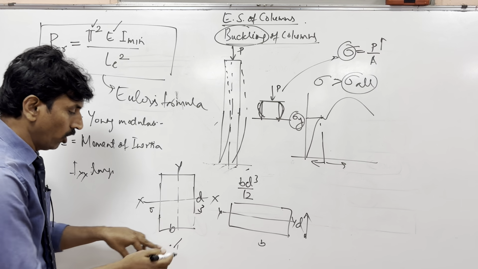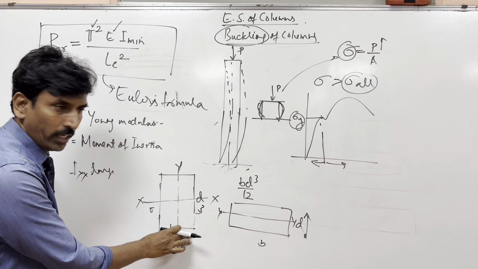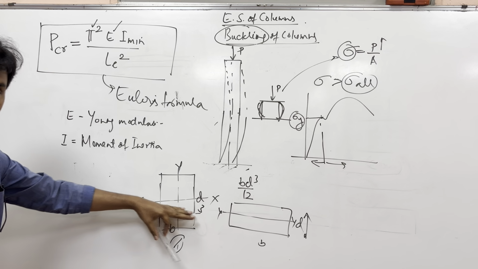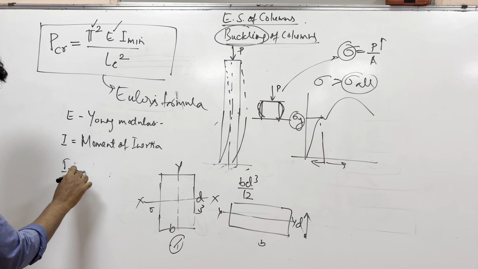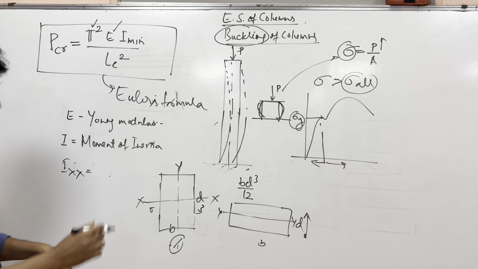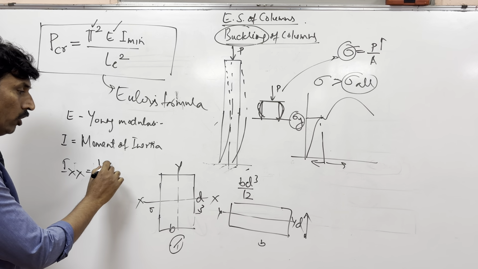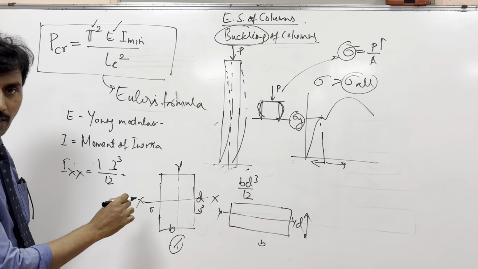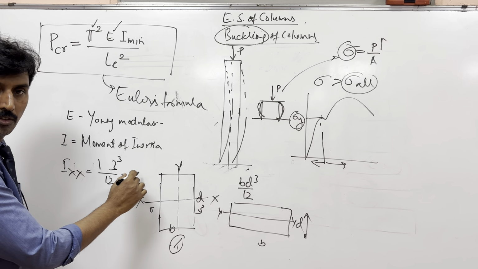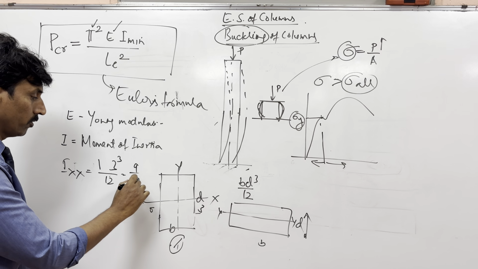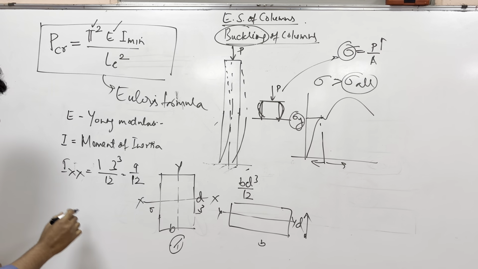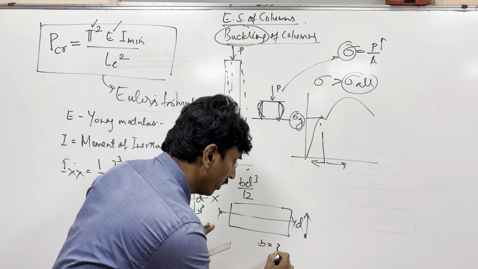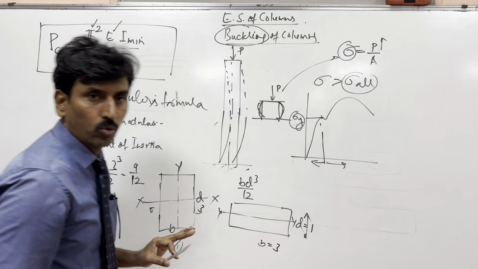So you've got a rectangle with shorter side 1 and this side 3. What will be BD cube by 12 in Ixx? 1 into 3 cube divided by 12, which is 9 by 12. Now about the y axis, this becomes 3 and this becomes 1.